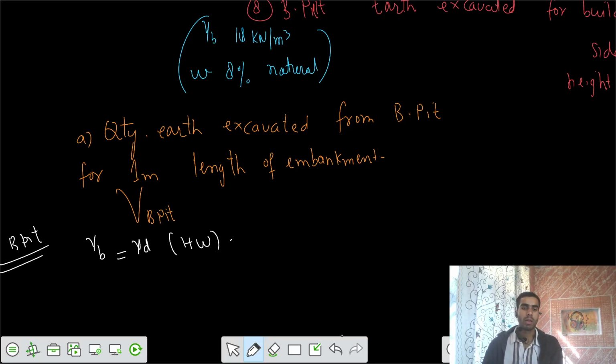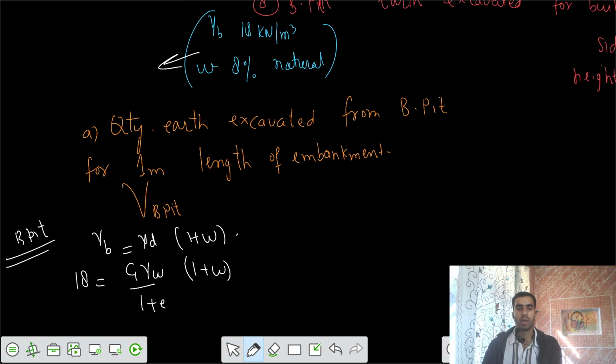Gamma bulk equals gamma dry into 1 plus water content. And let's substitute these values. This is your 18. And what is the value of gamma dry? That equals G gamma w over 1 plus e, and from that I can get the void ratio for the borrow pit. So G value is 2.7, gamma w is 9.81, divided by 1 plus e bulk into 1 plus water content 0.08.